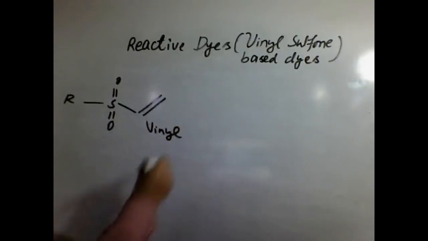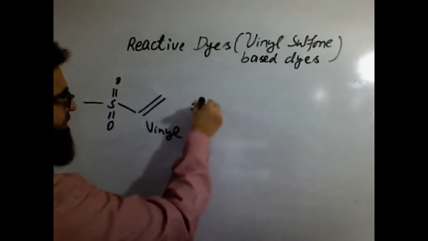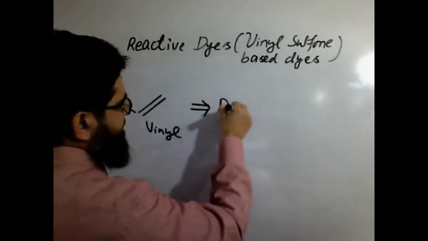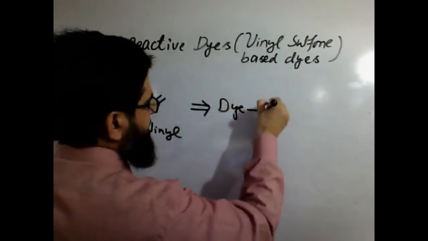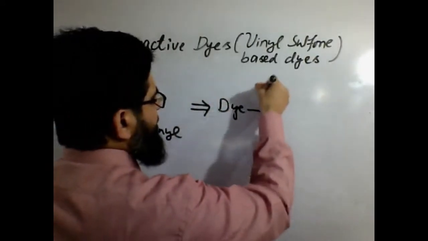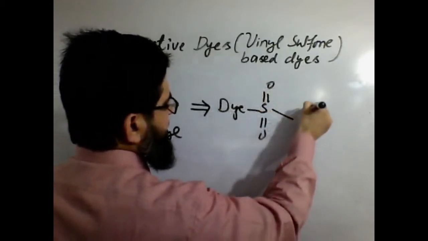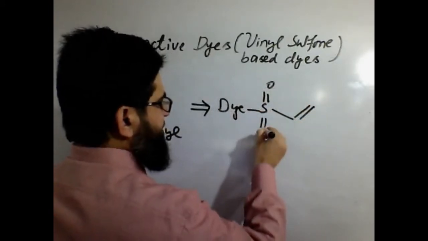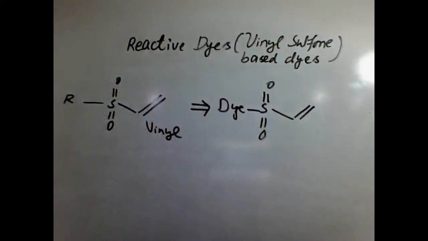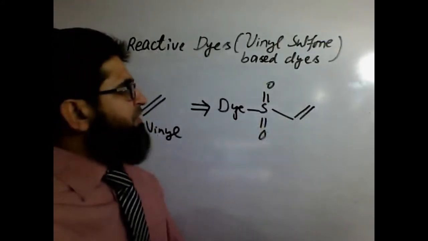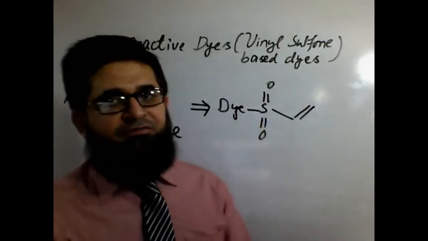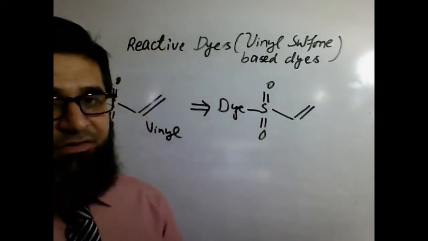Like this, or I can represent it this way. Let's say it's a dye molecule carrying sulfone and then here vinyl functionality, that will be the vinyl sulfone based dyes, and they will be acting as reactive dyes.